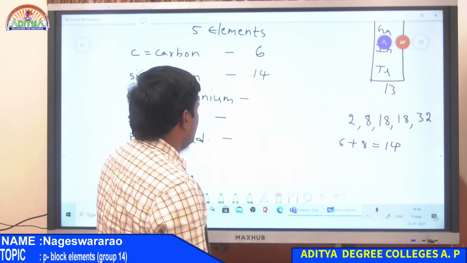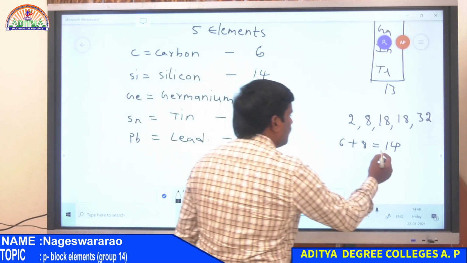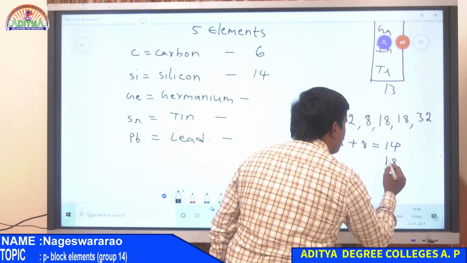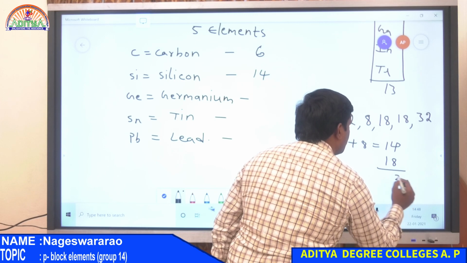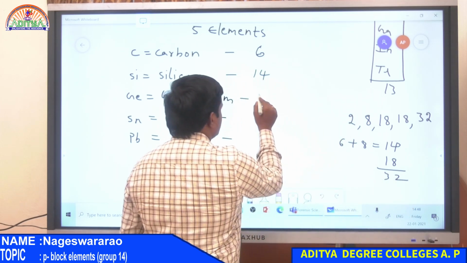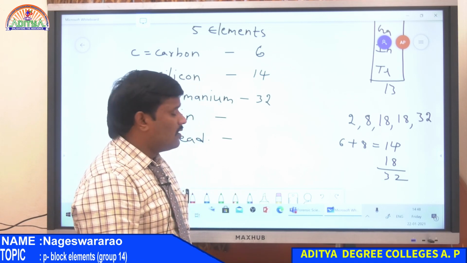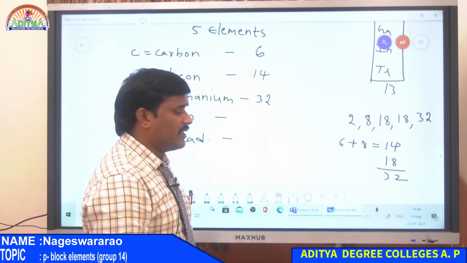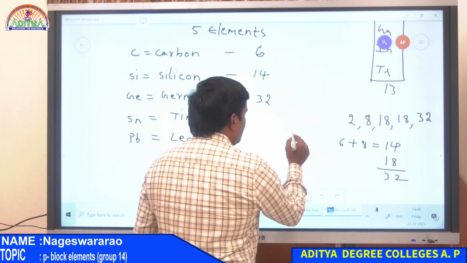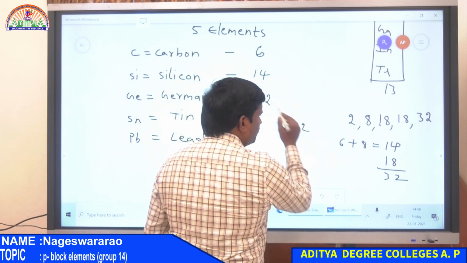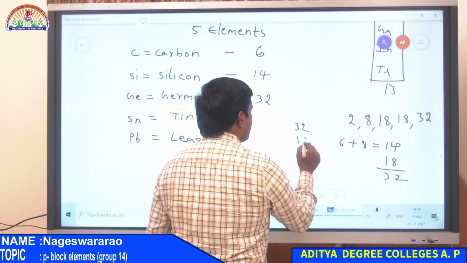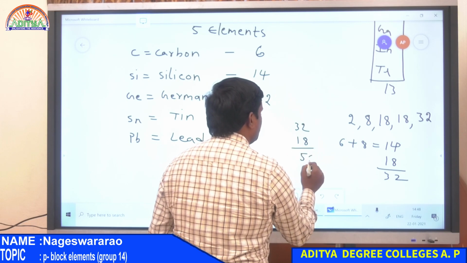Next, germanium. So germanium is 14 plus 18, that is 32. So 32 is the atomic number for germanium. And then what is the atomic number for tin? For tin it is 32 plus again 18, that is equal to 50.